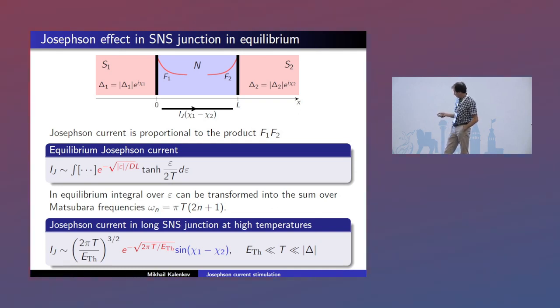Then we can take this integral, transforming it into the sum of the Matsubara frequencies, and in this temperature interval, when the temperature is less than the energy gap but higher than Thouless energy, we get a fairly simple result that the amplitude of the Josephson current is exponentially suppressed with increasing temperature, and the phase dependence is just the sine.